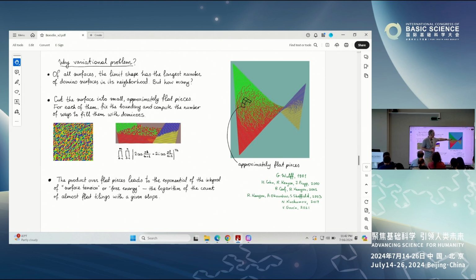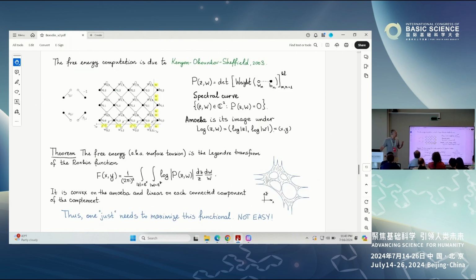Here, where the chaotic region meets the facet, the smoothness has finite order. It's like 3/2 or something like that. So one needs additional considerations to the Euler-Lagrange equations to tell you that you actually have the global maximizer of the variational problem, and that's not easy.